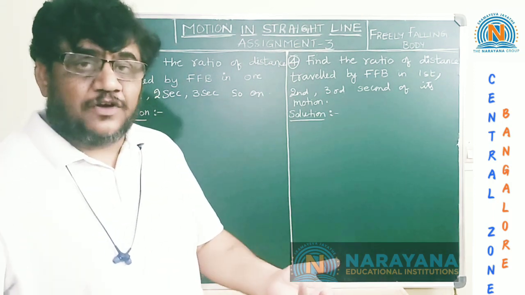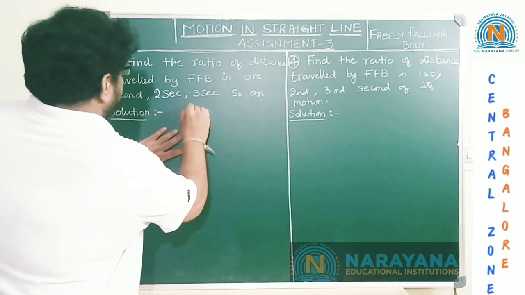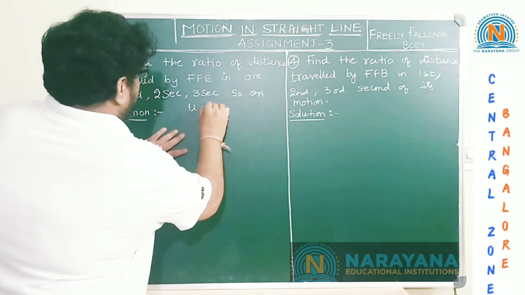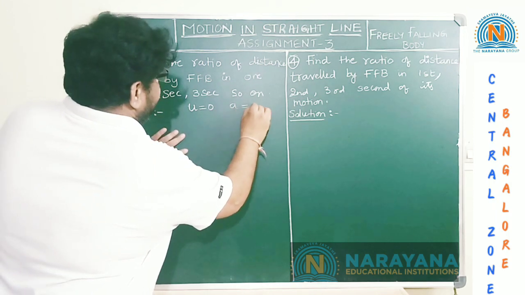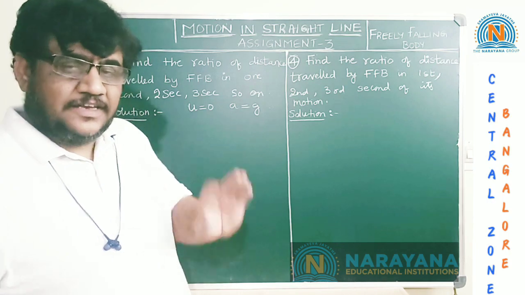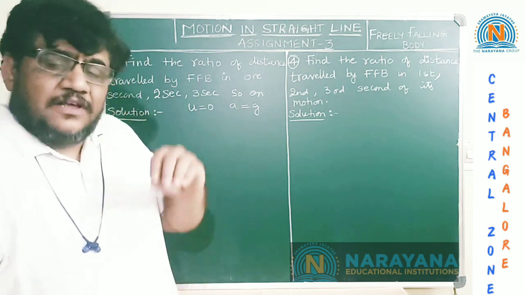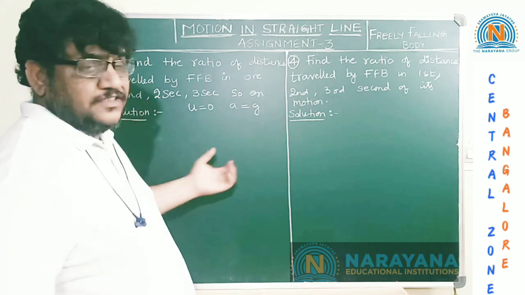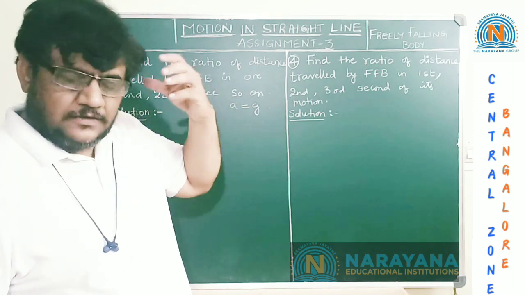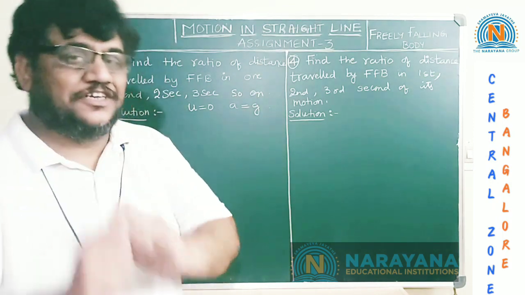It's a freely falling body, its initial velocity is 0. A is g. So I will write a as g and I am not taking its value. I will give the distance in 1 second, 2 seconds, 3 seconds in terms of g.